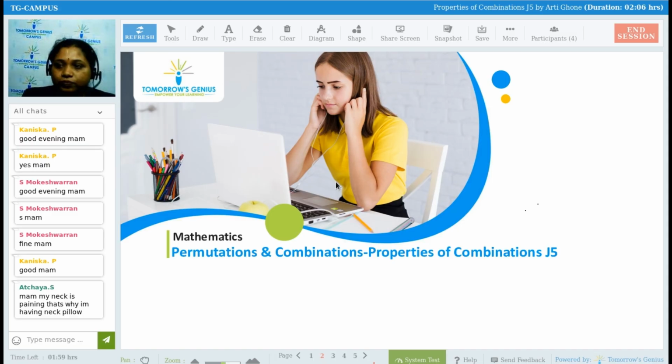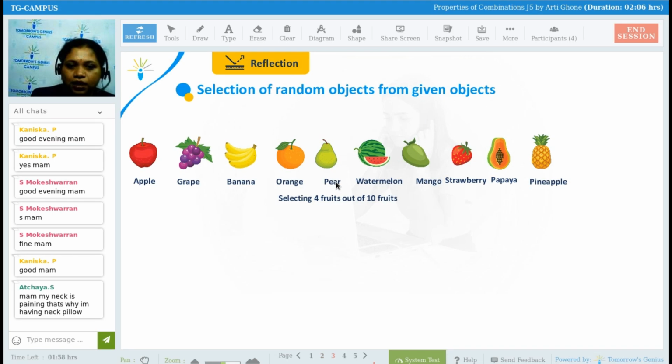Okay, now next is selection of random objects out of the given objects. I just want you to make a list of in how many ways we can select any four types of fruits out of these fruits given. So can you make it randomly?